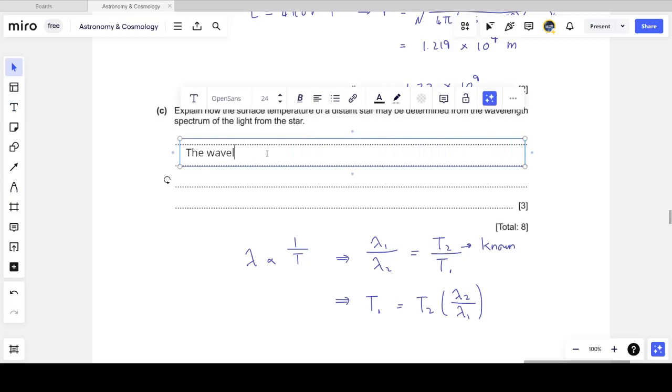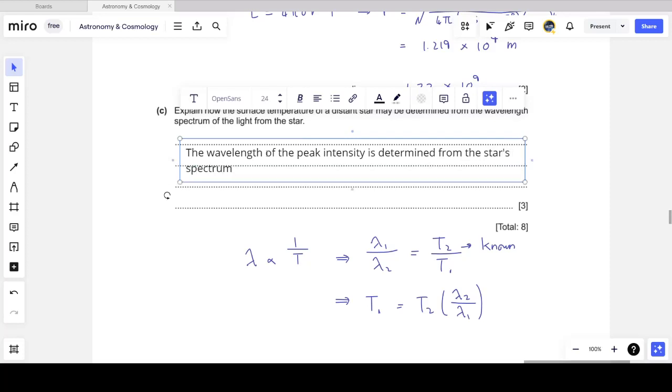So what I'll say in words is that the wavelength of the peak intensity is determined from the star's spectrum, and then the wavelength of the peak intensity, which is now lambda 2, from an object of known luminosity or known temperature, is determined.